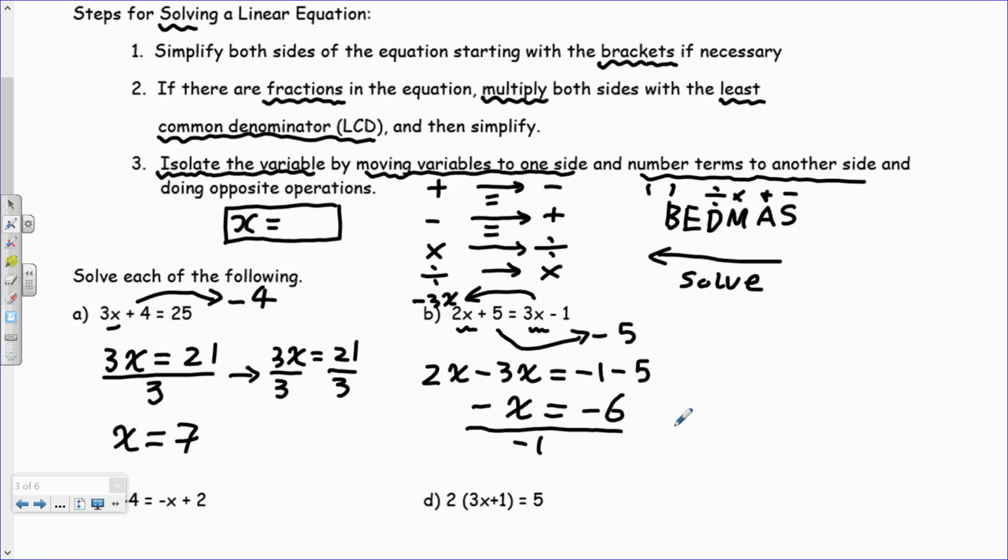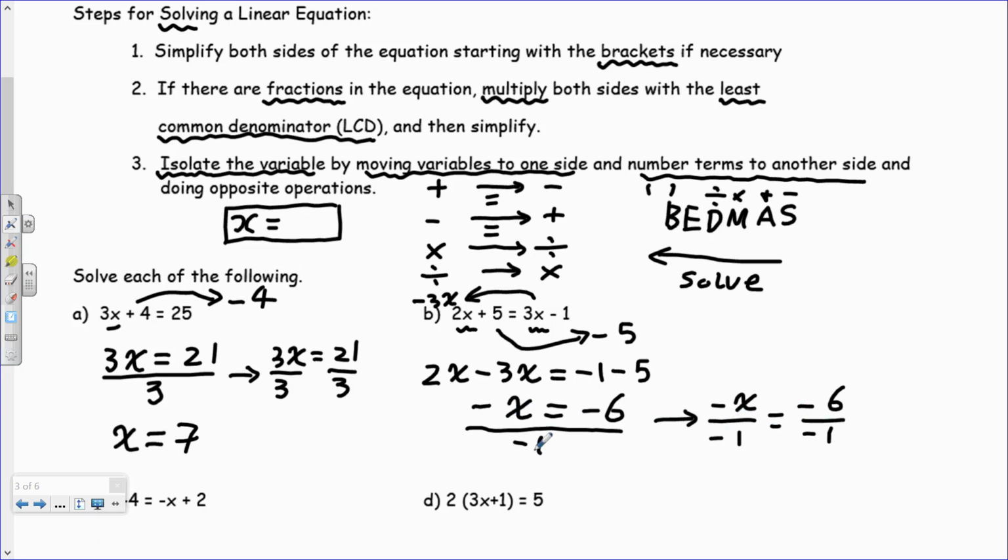So -x divided by -1, then -6 divided by -1. I don't want to write divided by -1 twice, I just write a long line, then -1 is the same as this one.